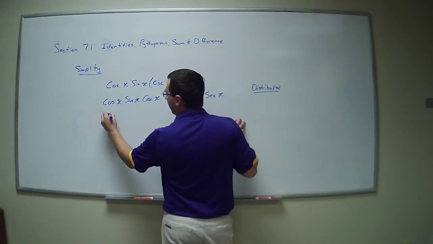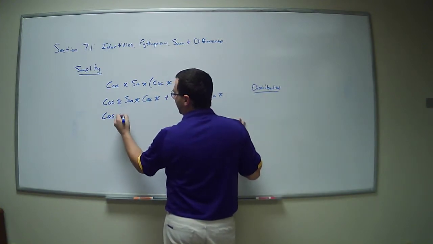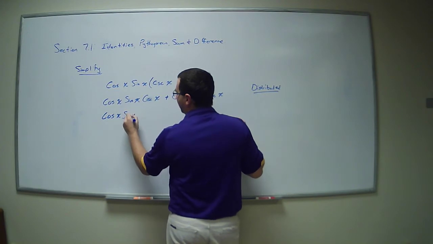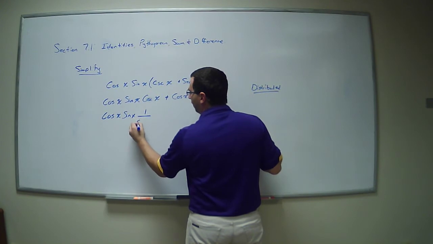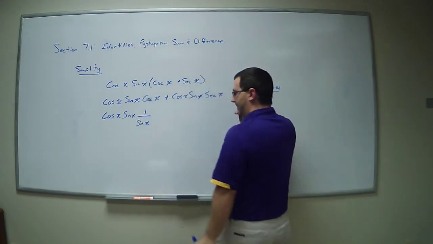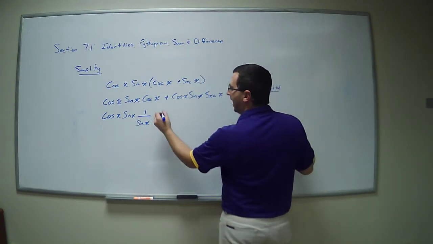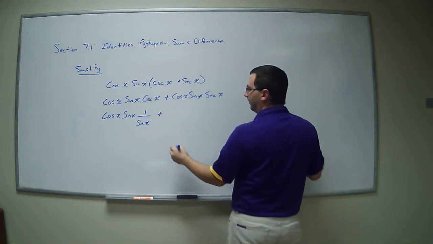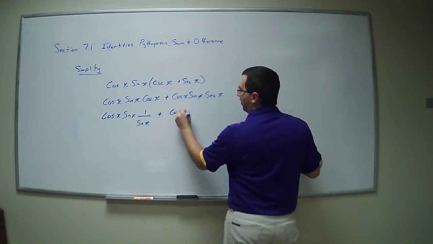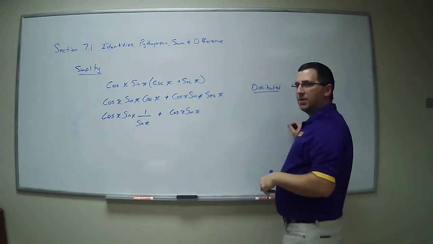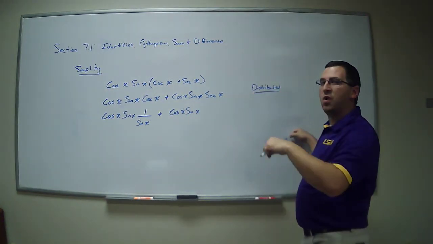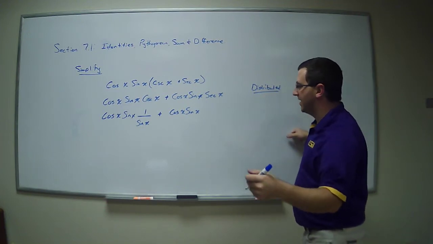So this would be rewritten as cosine of x times sine of x times 1 over sine of x. All right? And then plus cosine of x times sine of x. And the reciprocal identity of secant is 1 over cosine.